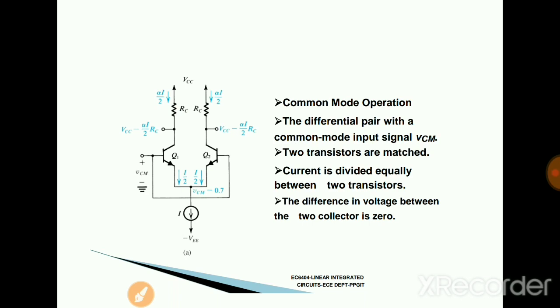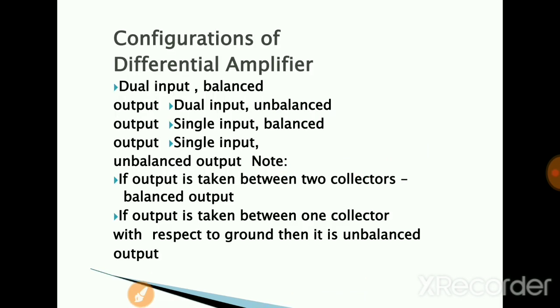The common mode rejection ratio is calculated as CMRR equals AD by AC. So the AC value must be very low, so that this CMRR will be very high, so that we operate this differential amplifier only in the differential mode. You must note that this differential amplifier must be operated only in the differential mode or the difference mode for the proper output.